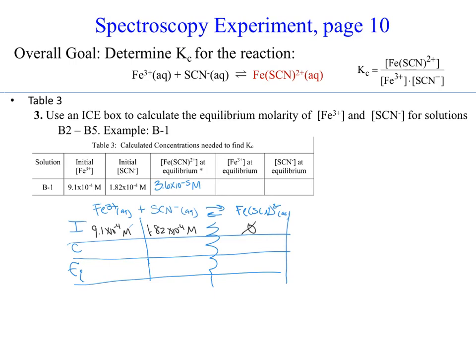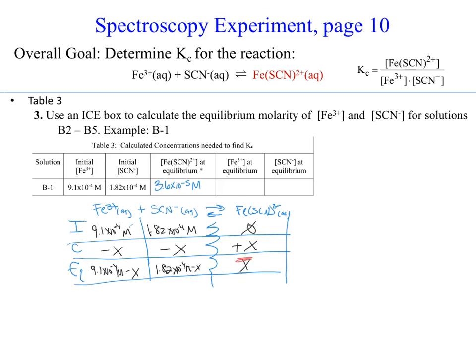So we plug in the values for I, your change: minus X for the reactants, plus X for the product because it's a 1 to 1 to 1 mole ratio, and then EQ, add up your columns. 9.1 times 10 to the negative fourth molarity minus X, 1.82 times 10 to the negative fourth molarity minus X, and X. Now, step 3, stop and think.